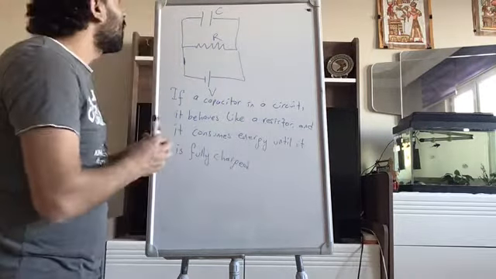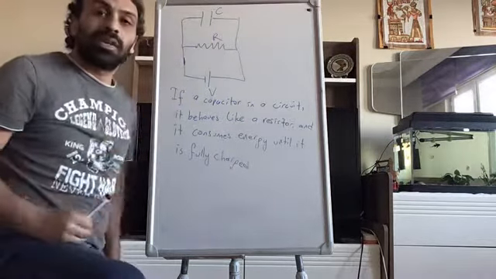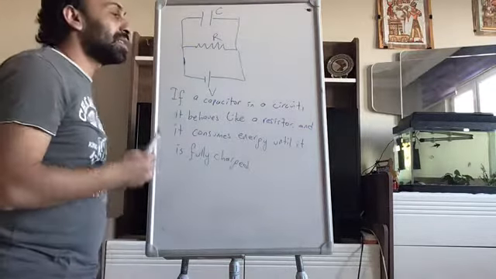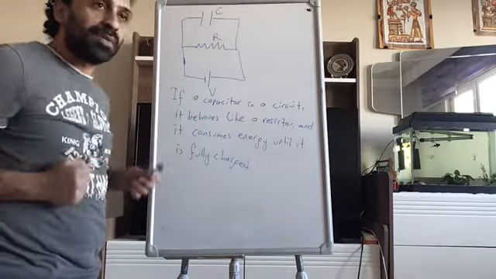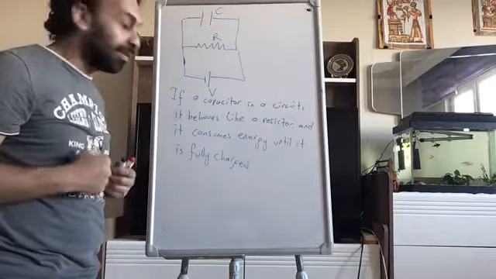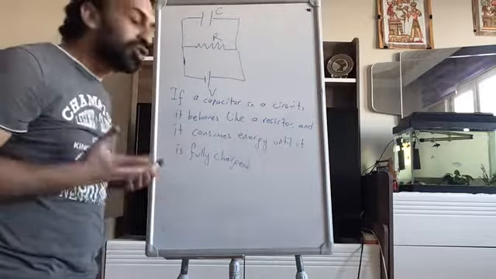If the capacitor is empty when we connect it to the circuit, it behaves like a circuit element eating up some energy and storing it in itself until it becomes fully charged.